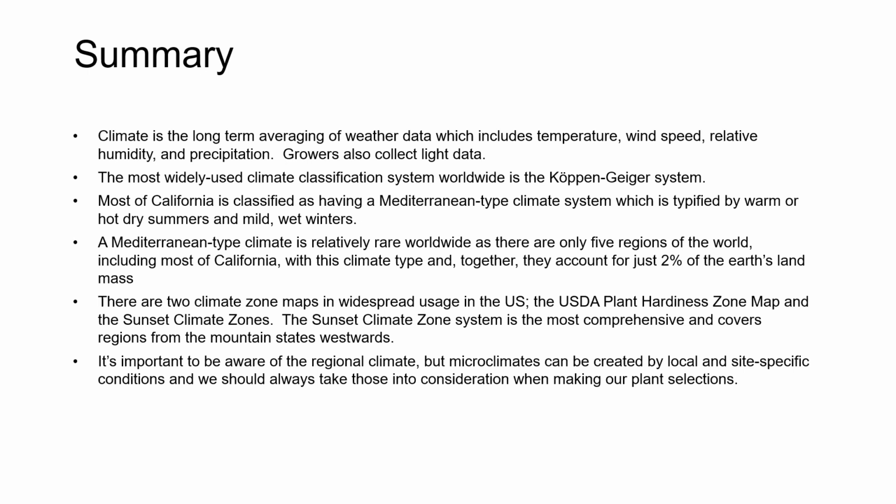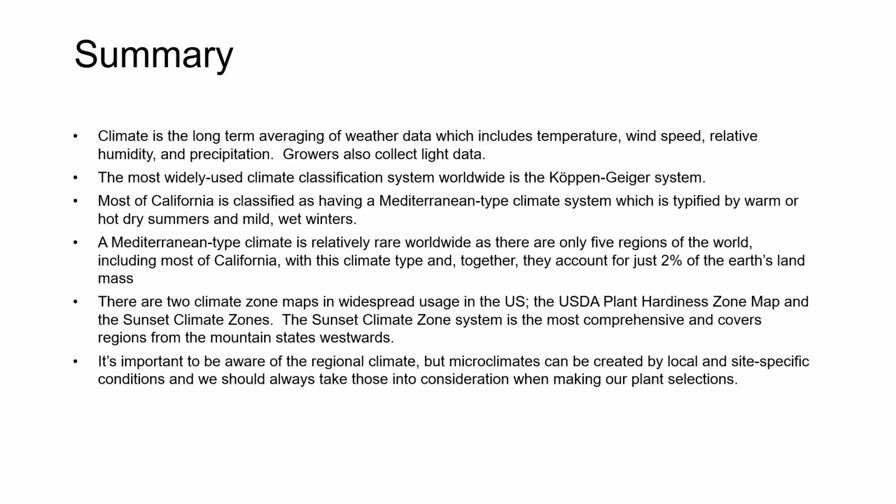Most of California is classified as having a Mediterranean-type climate system, which is typified by warm or hot dry summers and mild wet winters. A Mediterranean-type climate is relatively rare worldwide, as there are only 5 regions of the world, including most of California, with this climate type, and together they account for just 2% of the Earth's landmass.